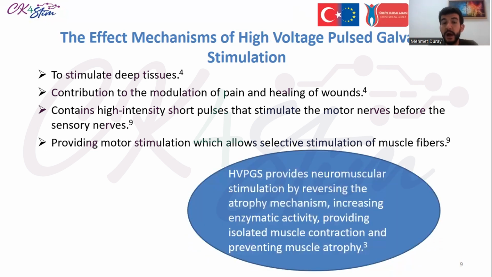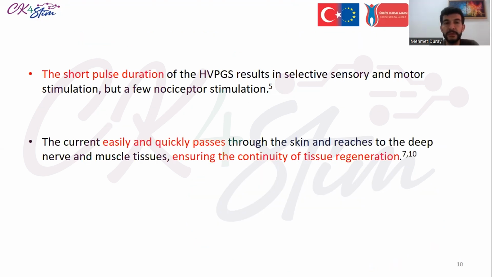As a result, it provides optimal neuromuscular stimulation by reversing the atrophy mechanism, increasing enzymatic activity, providing isolated muscle contraction, and preventing muscle atrophy. The short pulse duration results in selective sensory and motor stimulation, but not photoreceptor stimulation.